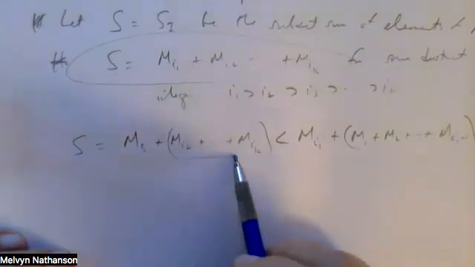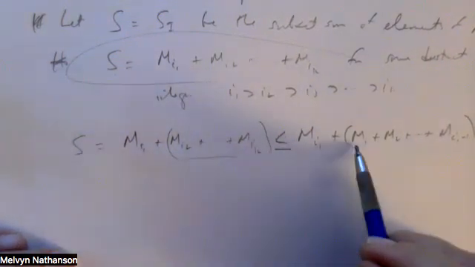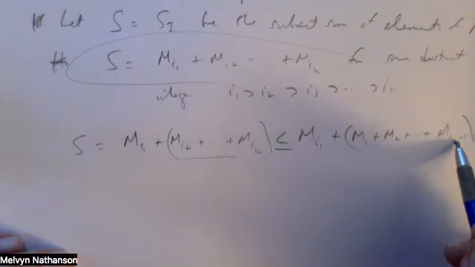Because these are all numbers between 1 and i sub 1 minus 1.